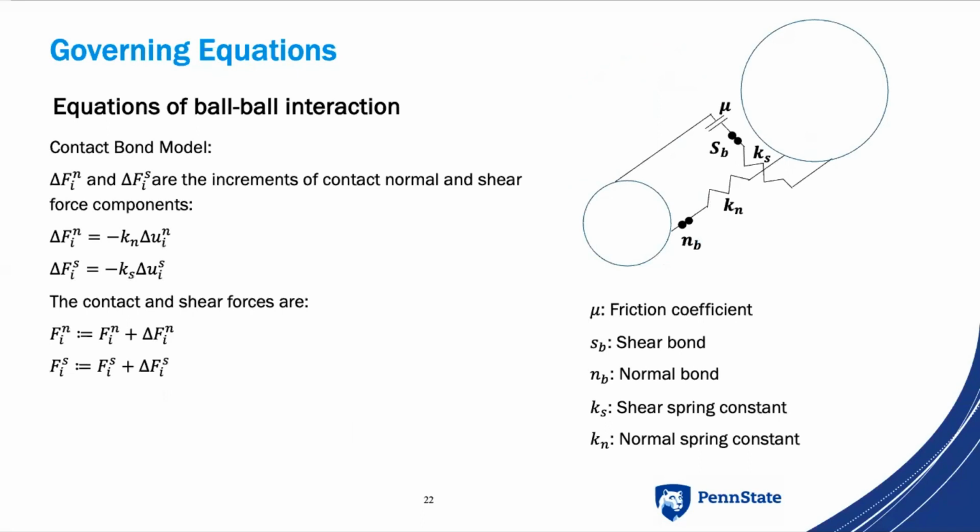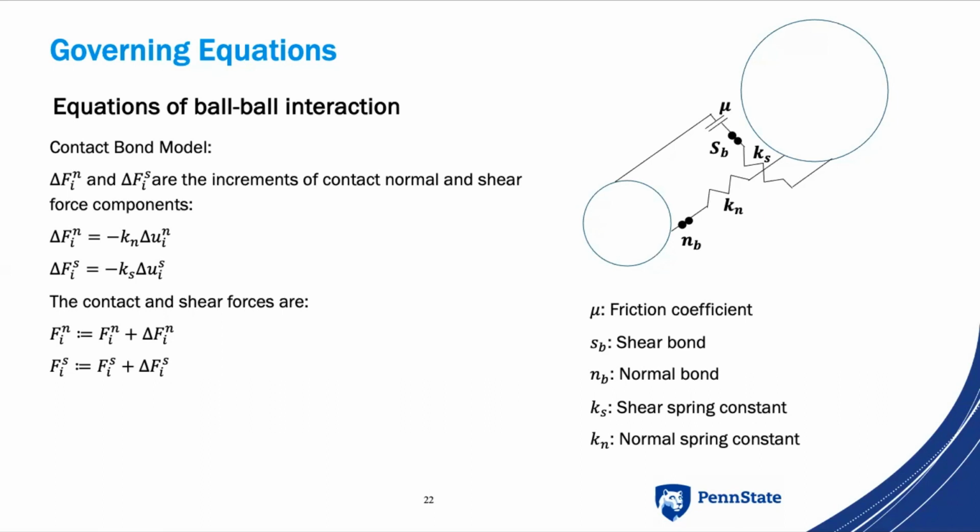To further elaborate on how interactions at the contact point are simulated, a contact bond model is utilized. So the model is depicted in this figure, where mu is just a friction coefficient, SB is the shear bond, NB is a normal bond, Ks is shear spring constant, and Kn is normal spring constant.